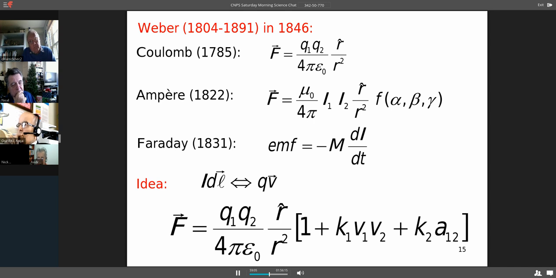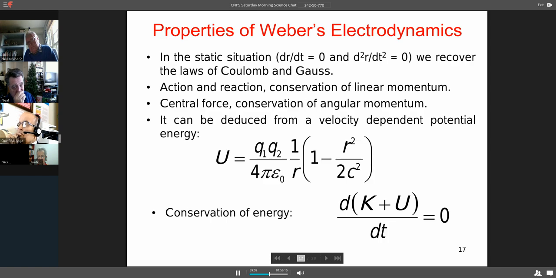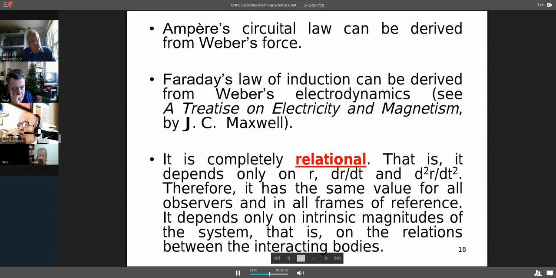When I talk about relational mechanics, it's not invariance in Einstein's meaning. Like in slide 18, what I call relational, I will read again. It is completely relational. That is, it depends only on r, the distance between the two interacting bodies, dr/dt, which is the relative velocity between the two bodies, and d²r/dt², which is the relative acceleration between the two interacting bodies.